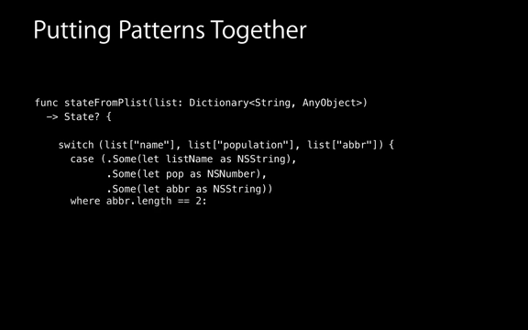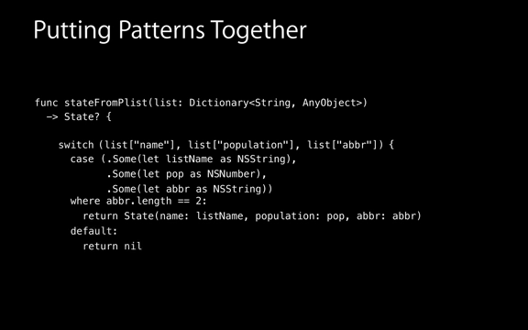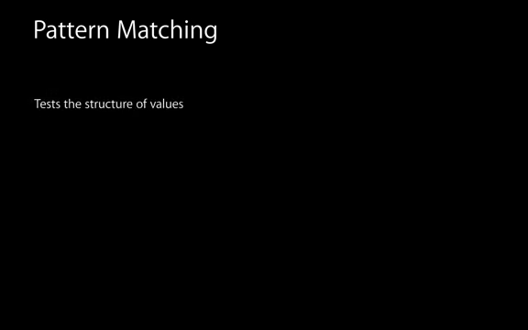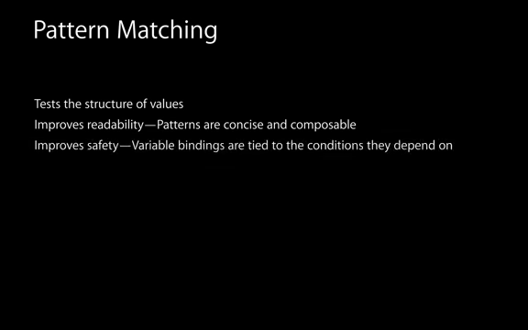And with the where clause, even check that the abbreviation is of the appropriate length. And we're done. With the single default clause, we handle all invalid property lists, and it all fits nicely on a single slide. That's the power of pattern matching. It's an incredible way to test the structure of values and really improve the readability and safety of your code.